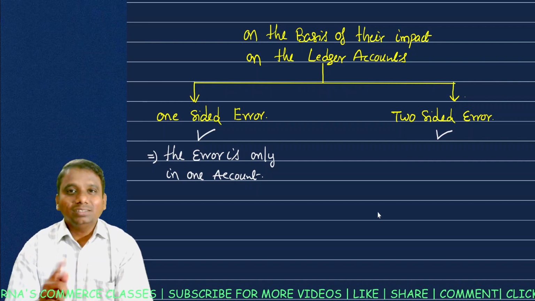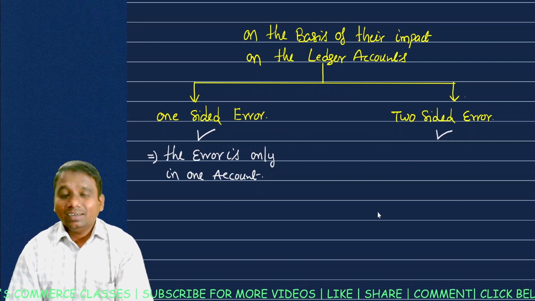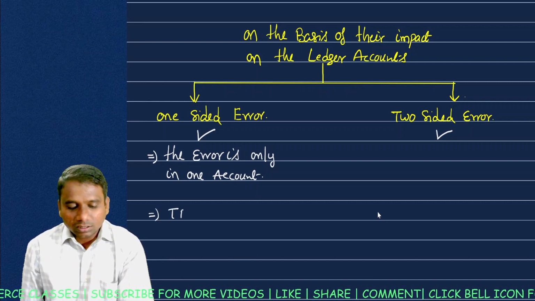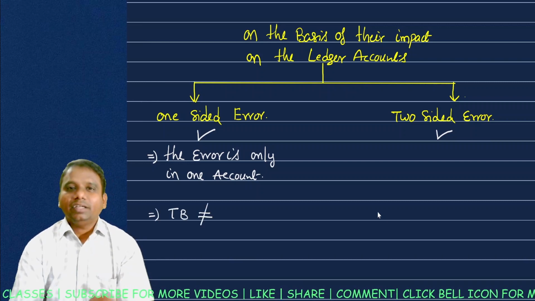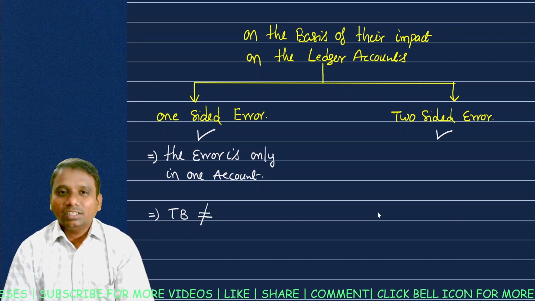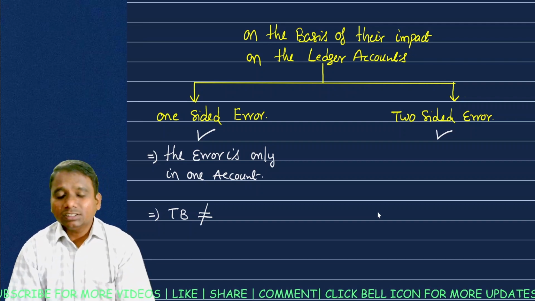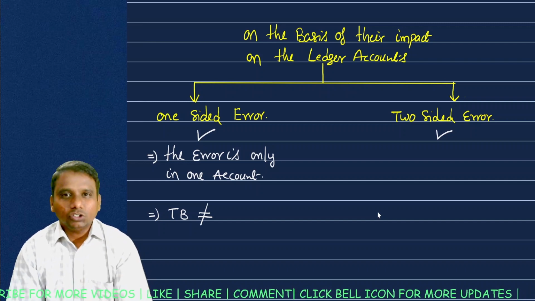This is called one-sided error. When the error is only in one account, automatically the trial balance does not agree, because the mistake has happened in one account. So the other account is correct? Yes. So trial balance does not agree.